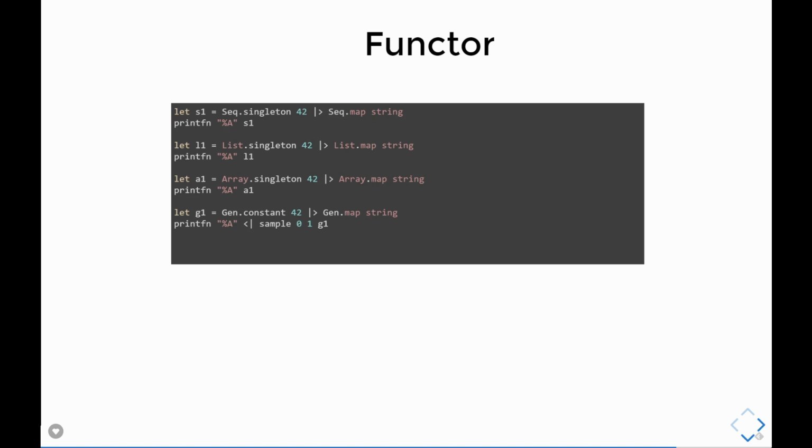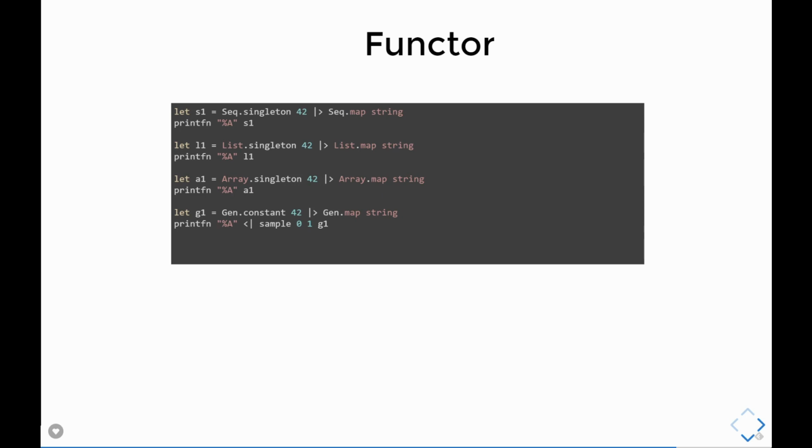Just a quick one. One combinator I didn't mention is map, which is this one just here. We're taking the constant value 42 and we're mapping it through a string, basically converting it to a string. And if you look at these other examples for sequence, list, array, they all have a similar map operation, which you've probably used.